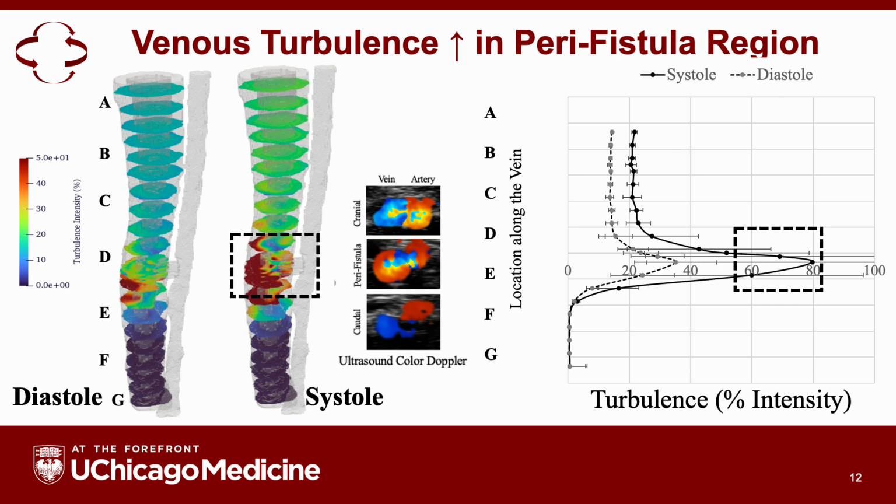The amplification of turbulence is more significant in diastole. Comparing with in vitro ultrasound color Doppler images of flow in the vein and artery above and below the fistula, as well as in the perifistular regions, where red and blue indicates flow towards and away from the ultrasound transducer, respectively, we observe similar turbulence behavior as predicted in CFD.